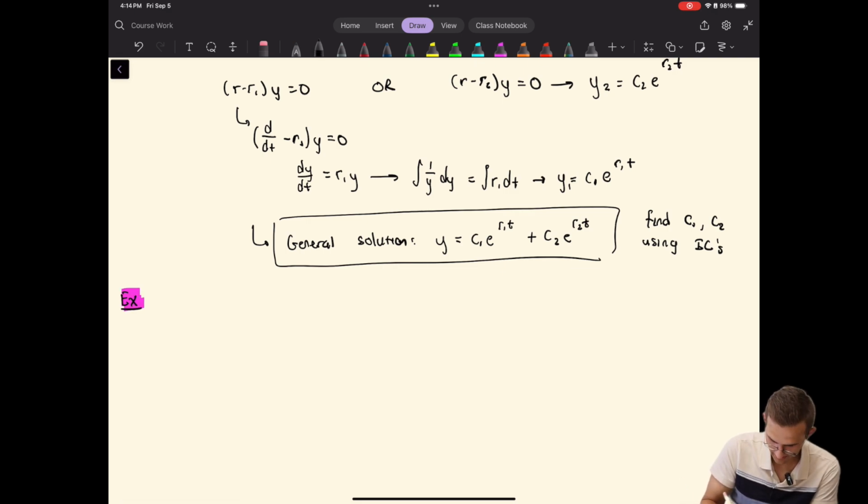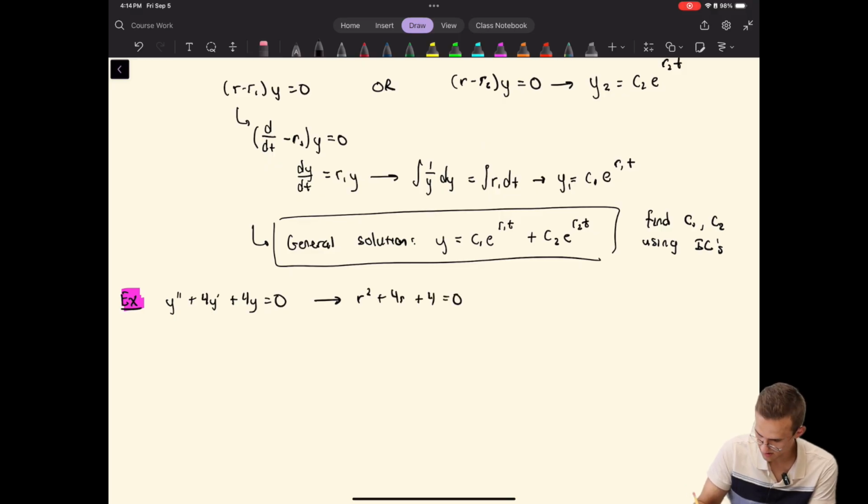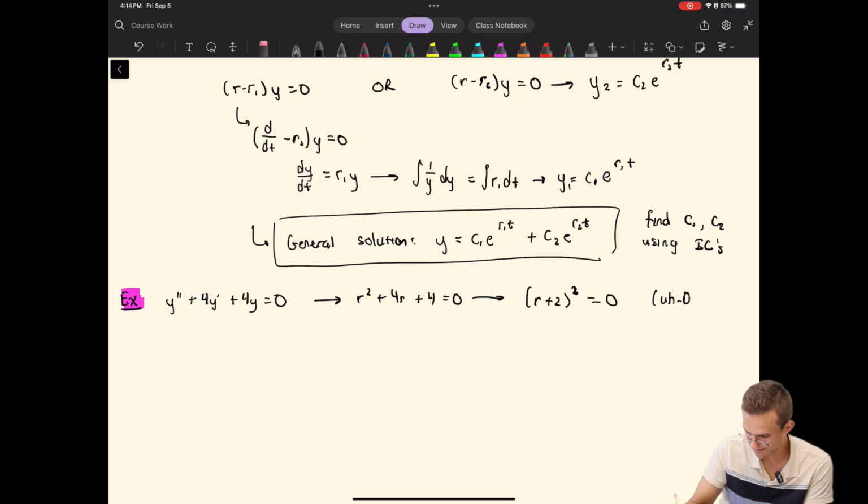Okay, so let's look at an example of this. We have y double prime plus 4y prime plus 4y is equal to 0. The characteristic equation is r squared plus 4r plus 4 is equal to 0, which can also be written as (r plus 2) squared is equal to 0. Now we have a little bit of a problem, because we have only one value for r.